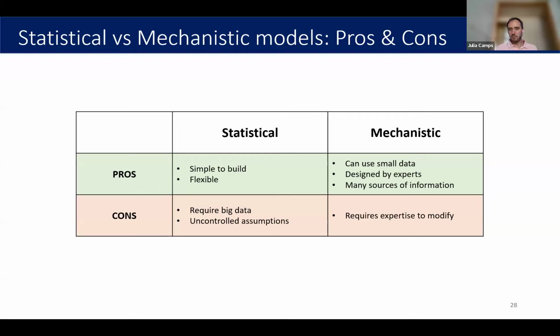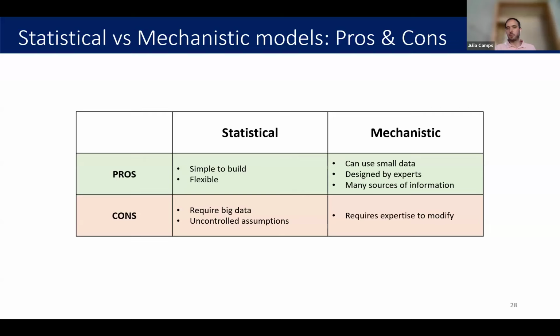Then in the cons, I have put for statistical models that they require big data, but this is not necessarily a con, because we are seeing more and more that we actually do have the big data. It's no longer as big a limitation as it used to be 10 years ago. Ten years ago, you were like, oh, but for deep learning, I need big data. Where am I going to get it from?